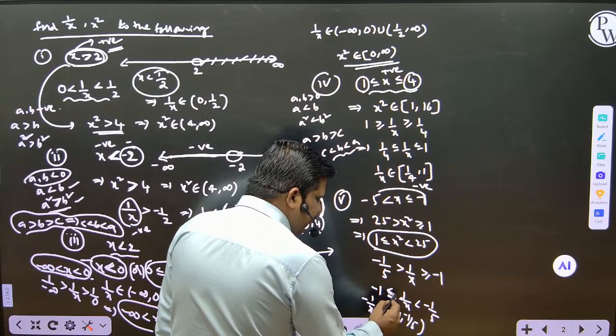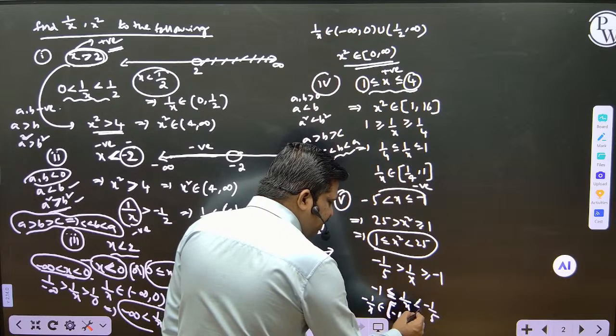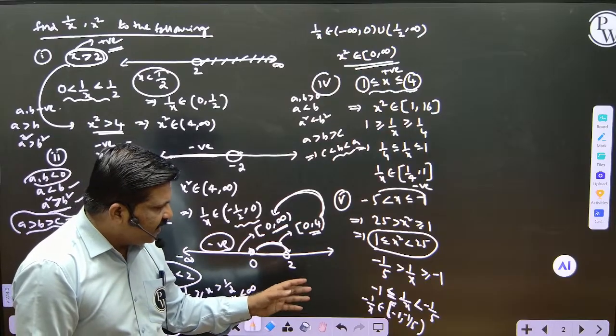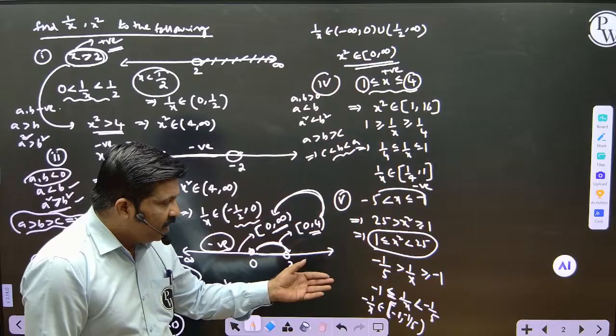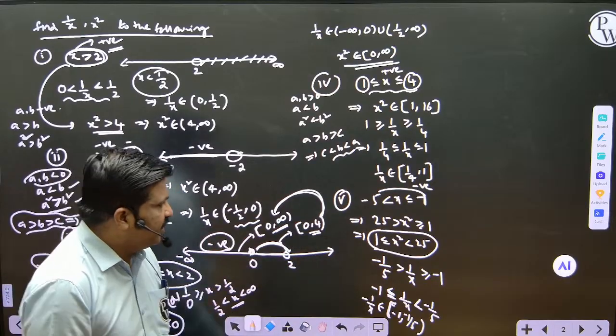Whenever equality is there, we include that number. Equality is not there, exclude that number. Here, at minus 1 equality is there, that's why I included the number. At minus 1 by 5 there is no equality, that's why I excluded that number.